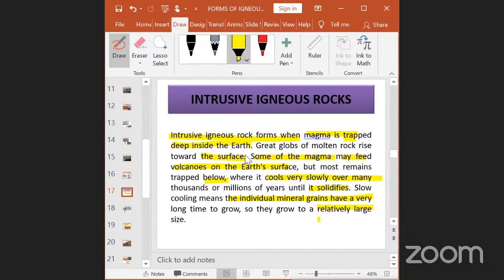Some of the magma may feed volcanoes, but most remains trapped below and cools very slowly. That means the individual mineral grains have a very long time to grow, which allows large crystals to form. So intrusive rocks have coarse grain textures.